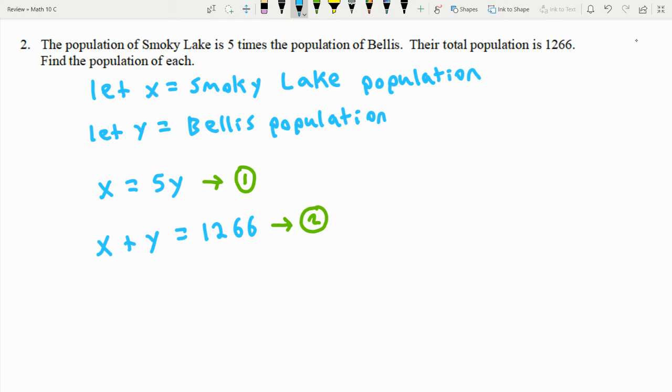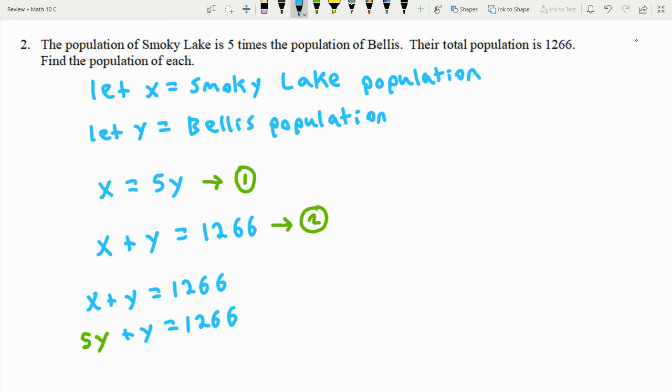So for equation 2, I have x plus y equals 1,266. I'm just going to plug in my value of x into equation 2. So that means I should be having 5y plus y equals 1,266.